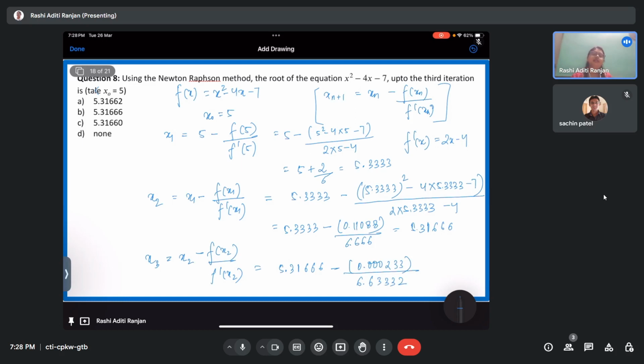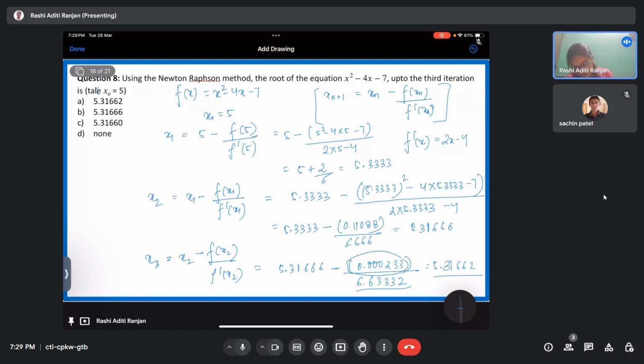If you see this term, can you see how small it is? And if I divide it further, it is going to be a very small term. So you can see that up till the third iteration, my system is actually reaching its root. The variation that I'm observing is becoming less after each iteration. So this would give me 5.31662.